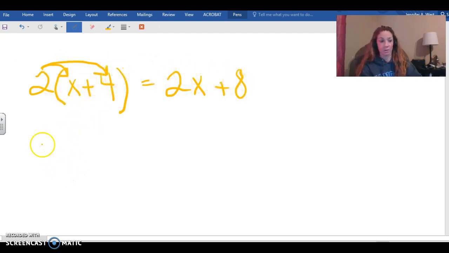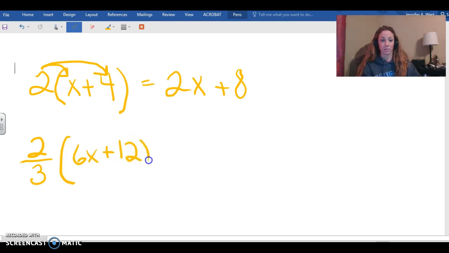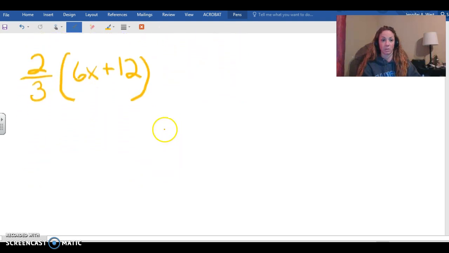All right, another example is 2/3 times 6x plus 12. So you start by taking 2/3 times 6x.